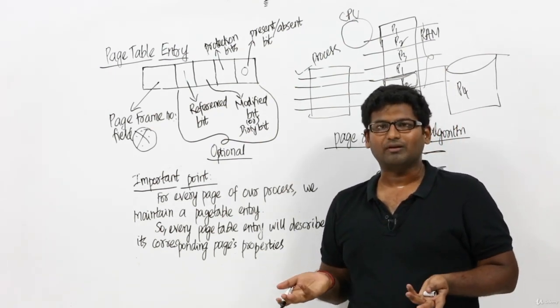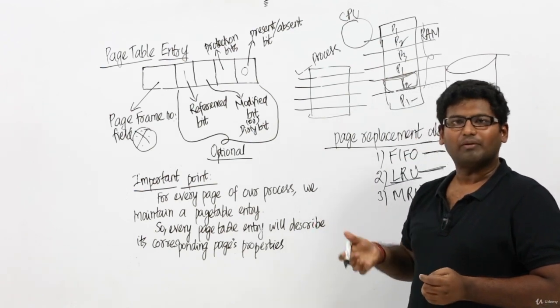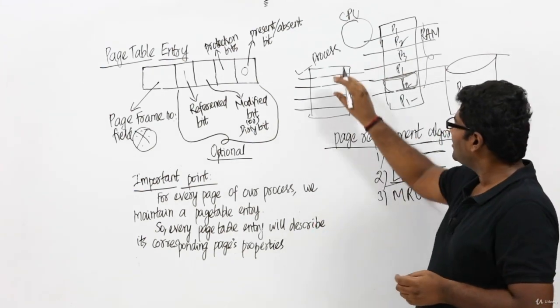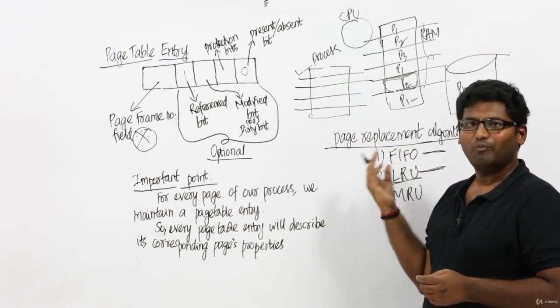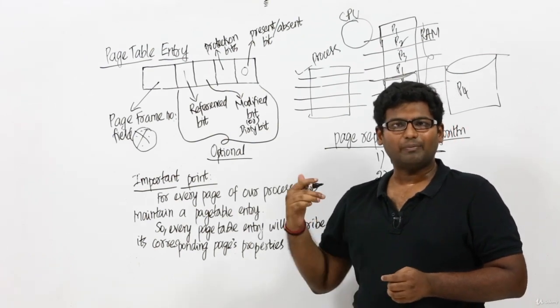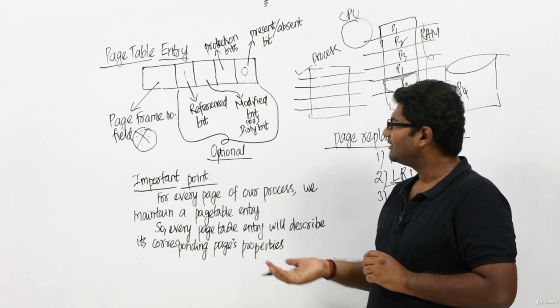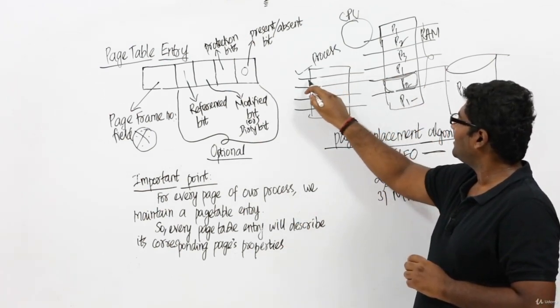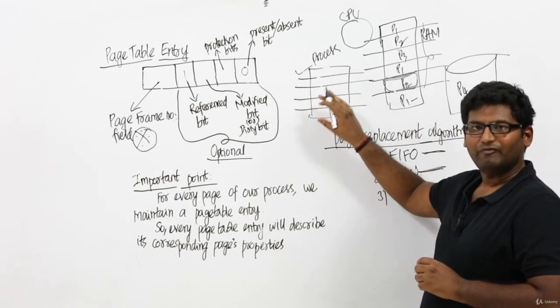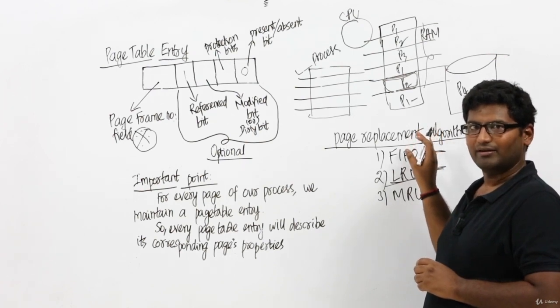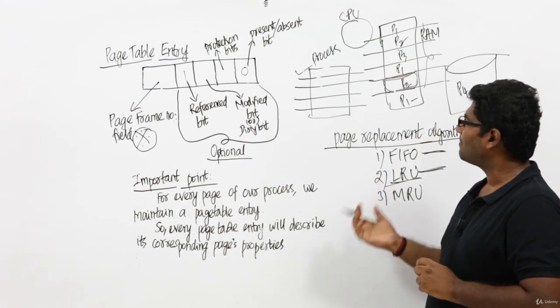Both are possible. Now in case the page has been modified, while moving this page into the hard disk, why are we moving it to the hard disk? Because some higher priority process needs to come into the RAM and there is no space inside the RAM. In that case, the changes made inside this page have to be reflected back, right? So that is what we mean by write back.